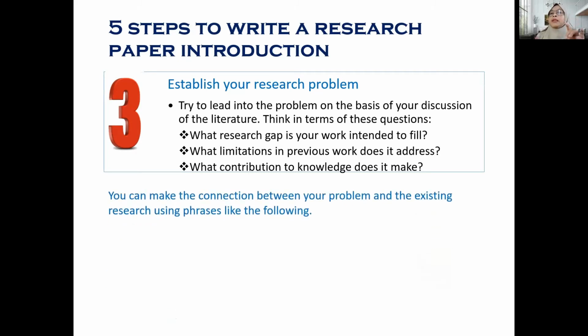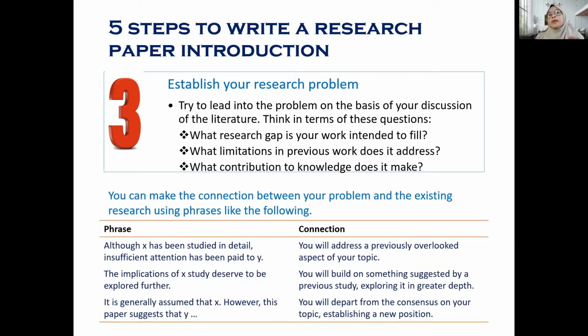You can make the connection between your problem and the existing research using phrases like the following. For example, although X has been studied in detail, insufficient attention has been paid to Y. With this, you want to show that you will address a previously overlooked aspect of your topic.